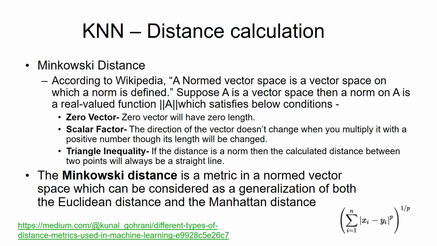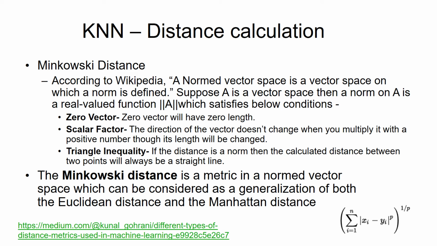Minkowski distance. So let's define what a normed vector space is before we define this distance. A normed vector space is a vector space on which a norm is defined. Suppose A is a vector space, then a norm on A is a real valued function which satisfies the following conditions. Zero vector: the zero vector will have zero strength.